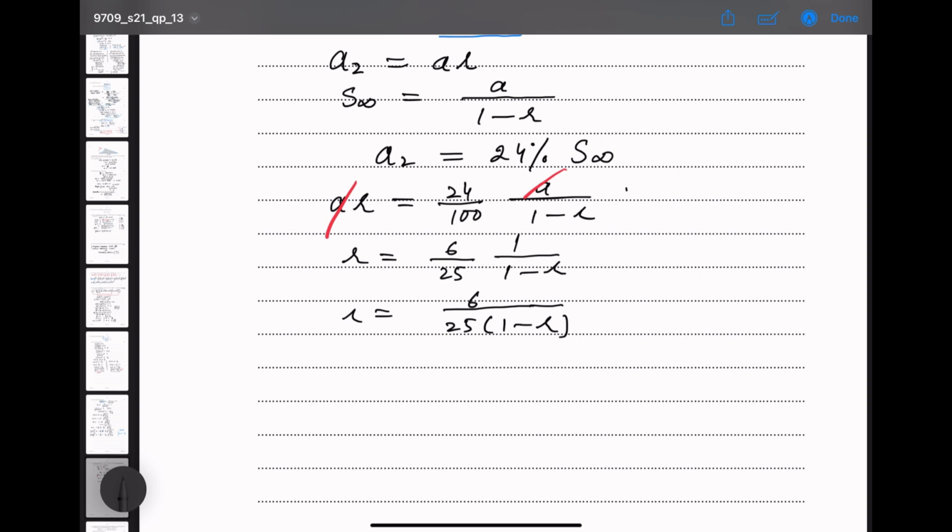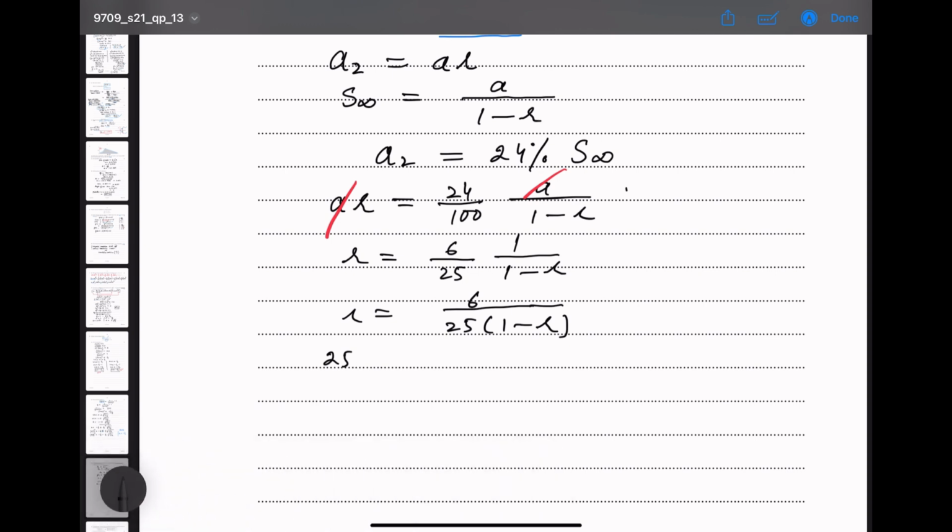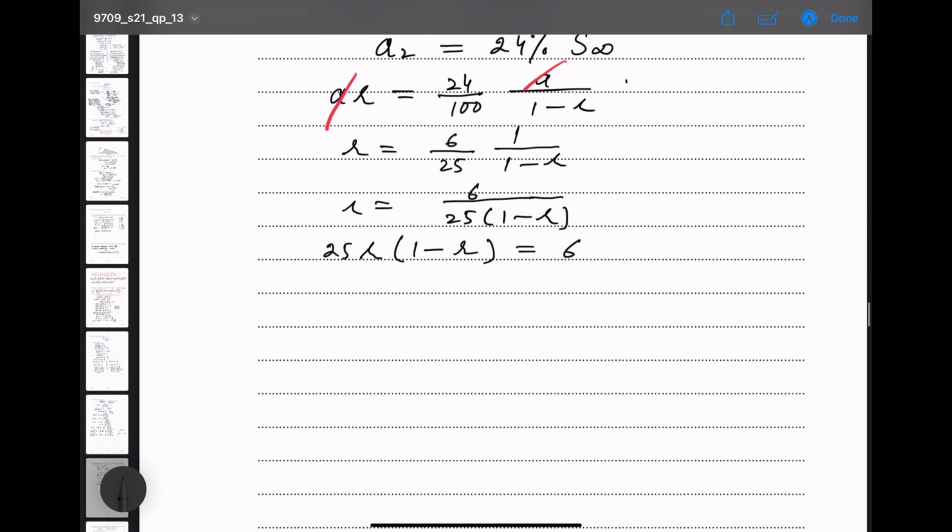Now cross multiplying, we get 25 R into 1 minus R is equal to 6.